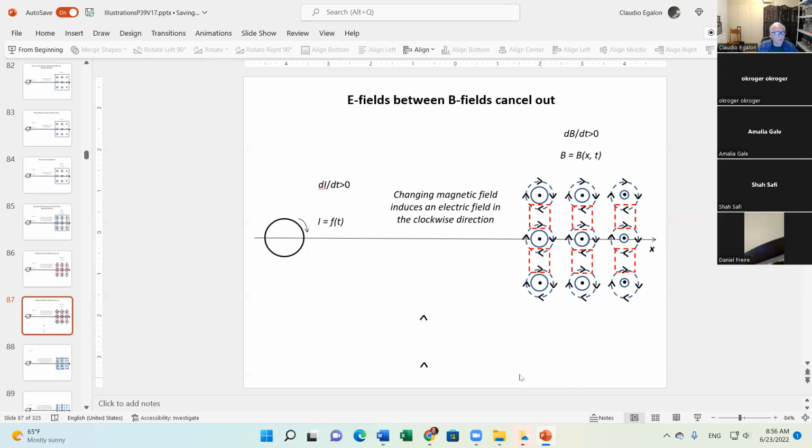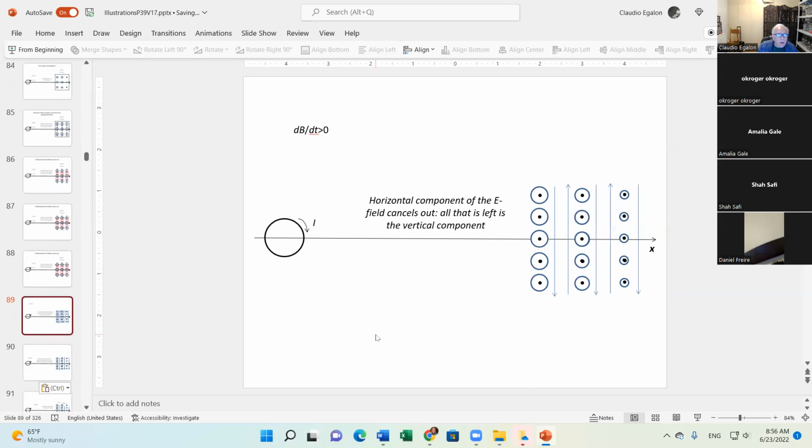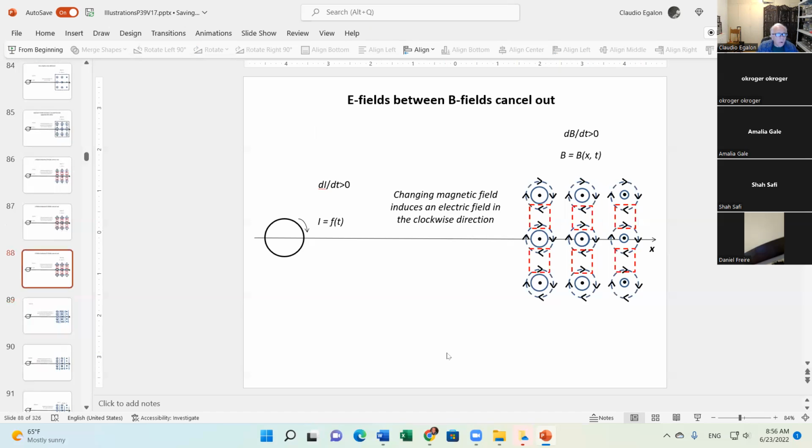Okay, so when we analyze this situation, what's left out? What's left out is something like that. We have electric fields only in this vertical direction here, right? No electric field in the horizontal direction. Makes sense, right? So now I can remove that to simplify my drawing.